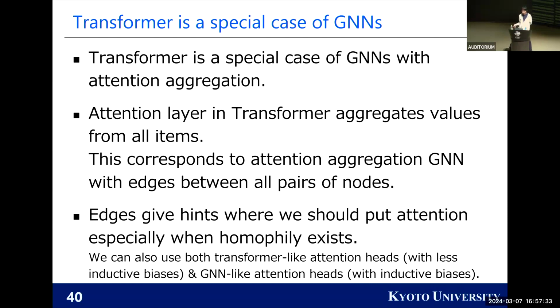GNN-like attention heads attend only to the nodes which share edges, so they have strong inductive biases and can draw clearer information from the surrounding nodes. By combining these two types of attention heads, we can complement the weaknesses of each other.